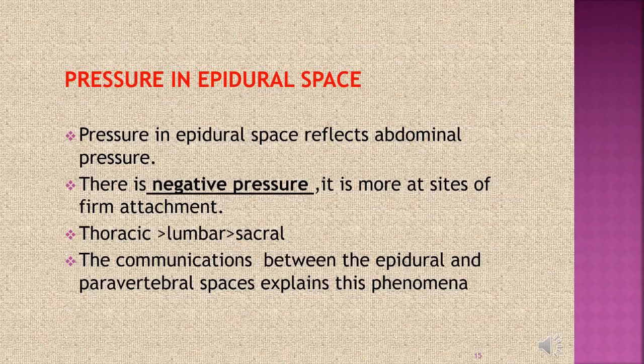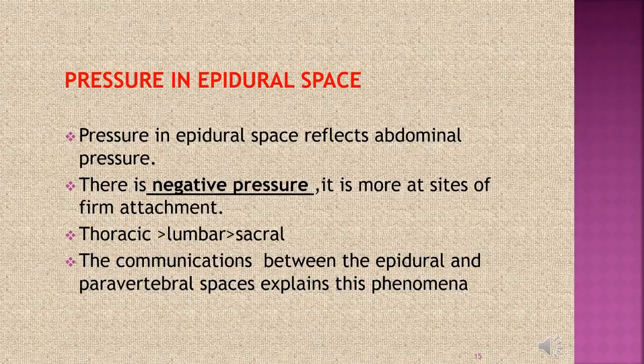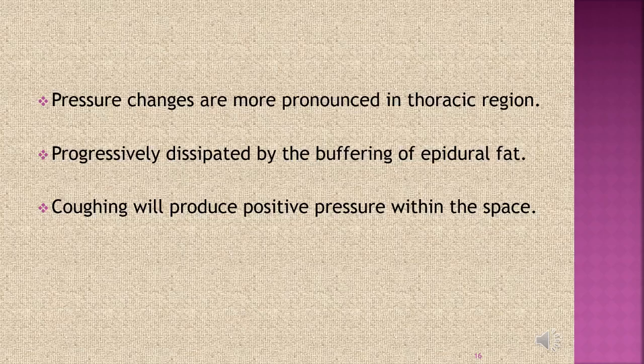It is highest at the thoracic, followed by lumbar, and followed by the sacral region. The pressure changes are more pronounced in the thoracic region, whereas they progressively dissipate by the buffering of the epidural fat. Whenever coughing happens, it will produce positive pressure within the space.